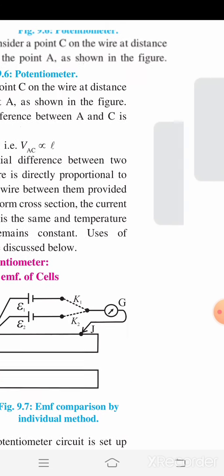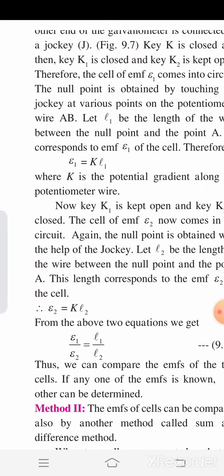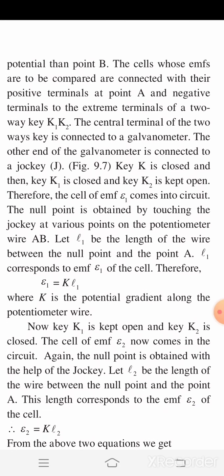In this working, first, by closing the key K, we provide a steady current to the given circuit, and we close the key K1 while K2 is kept open. Therefore, the cell of EMF E1 comes into the circuit and the cell of EMF E2 is out of the circuit.